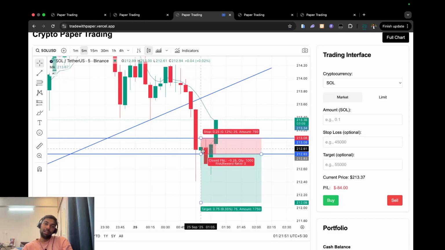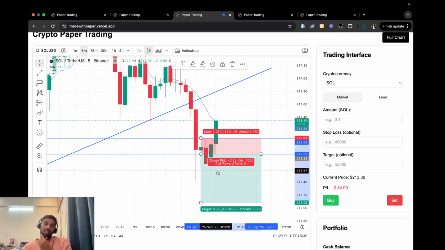Then in the very next candle there is a red candle indicating to the sellers that okay, the market might go in the downward direction. Now you can see that after inviting all the sellers, there is a green candle. This is a pretty bad green candle that forces weak sellers to stop or square off their position.